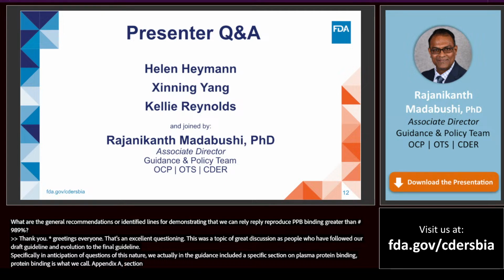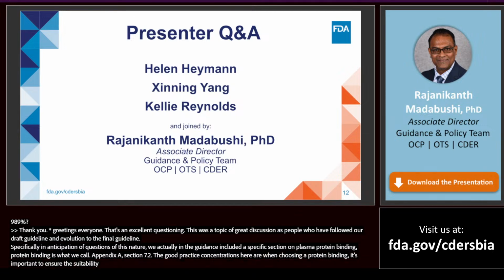The good practice considerations here are, when choosing a protein binding assay, it's important to ensure the suitability of the assay methodology for the investigational drug product. Second, it's important to have a bioanalytical method with appropriate accuracy and precision at the required sensitivity ranges.